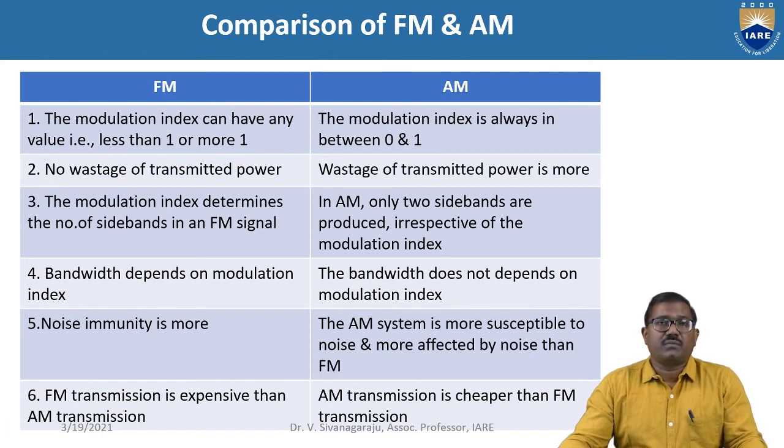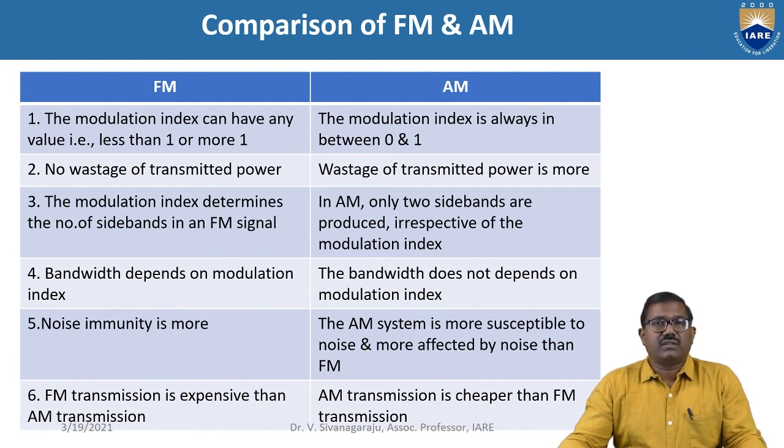This also comes from NBFM and wideband FM. So wideband FM has infinite sidebands, theoretically. Whereas in AM, there are only two sidebands, irrespective of the modulation index. One is the upper sideband and another is the lower sideband.